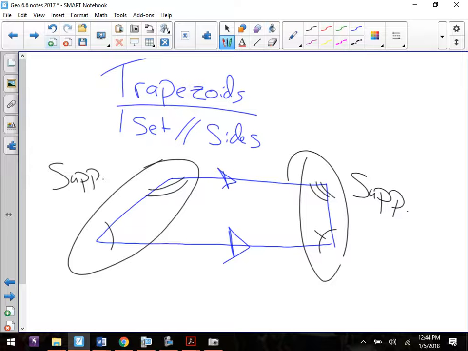So for the most generic way of looking at it, a trapezoid is just something that has one set of parallel sides. The fancier version of it is called the isosceles trapezoid. You already know something about an isosceles triangle.